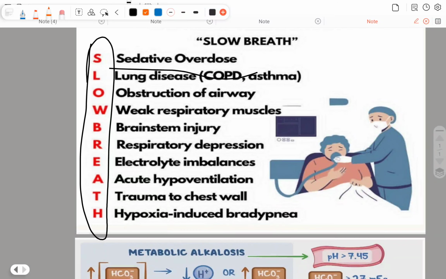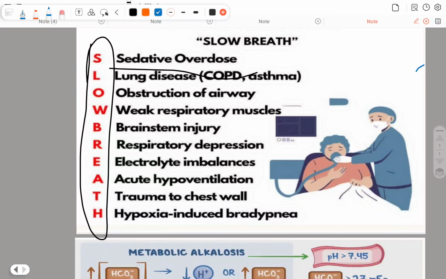Sedatives are used widely in medicine by doctors, for example in some kinds of psychiatric disease or neurological disease and panic disorders. In these kinds of situations, doctors have to use sedative drugs, for example tranquilizers, for example diazepam.